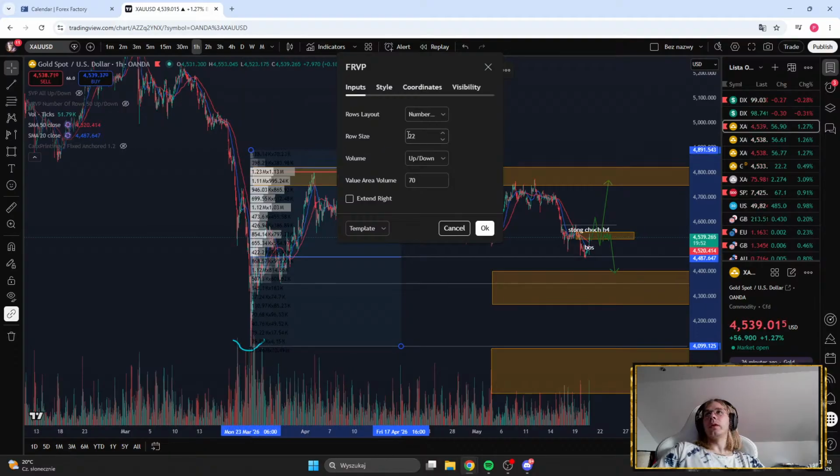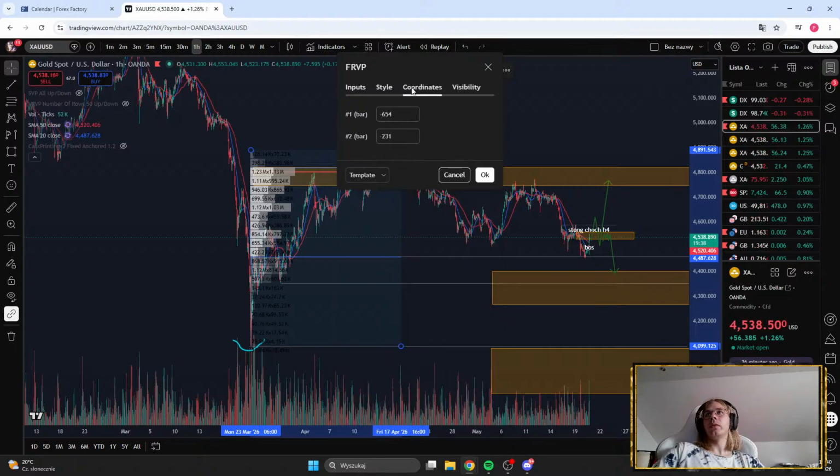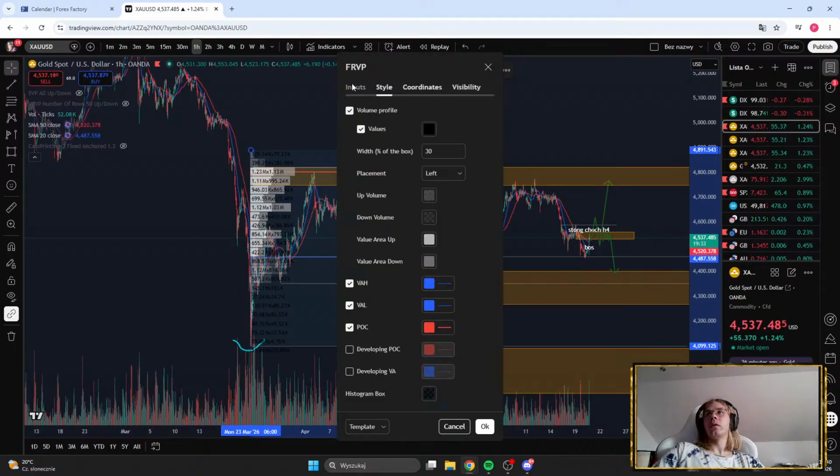You can also set your row size here. Style depends on you. If you want to see that numbers with zero imbalance, you need to check mark on values in style section here. There is no numbers. There is numbers.